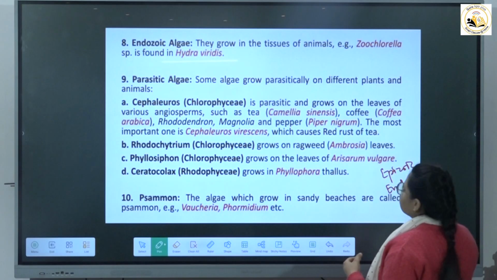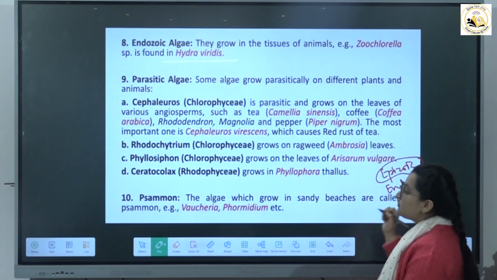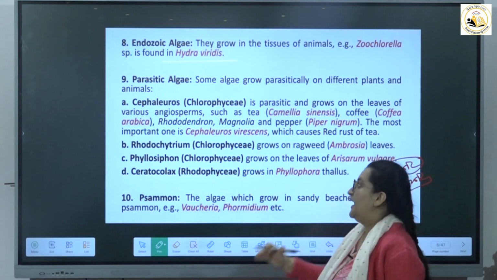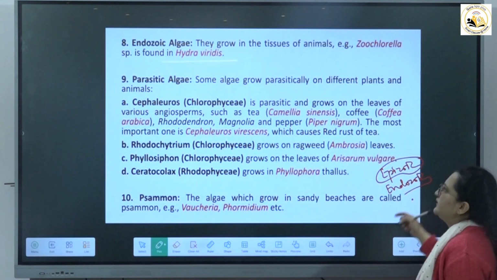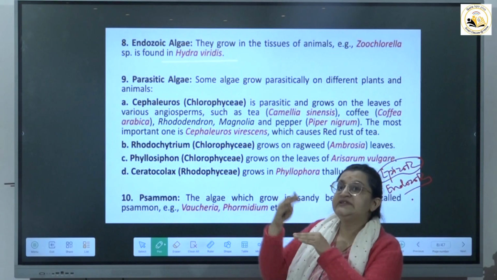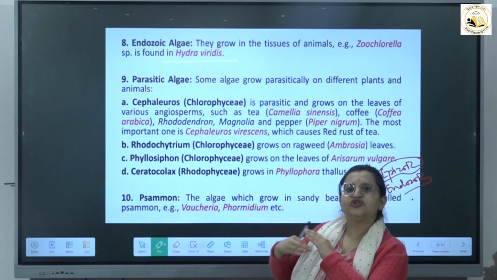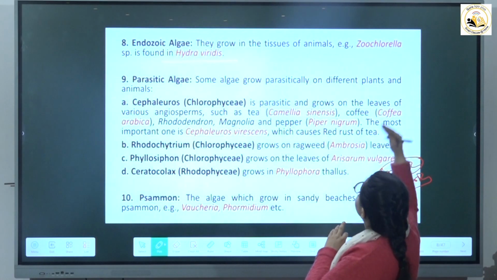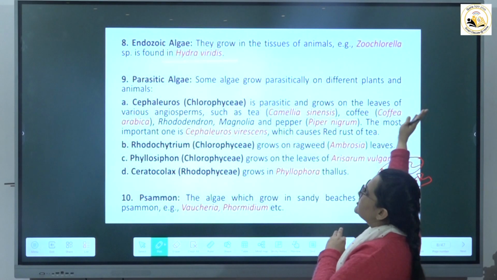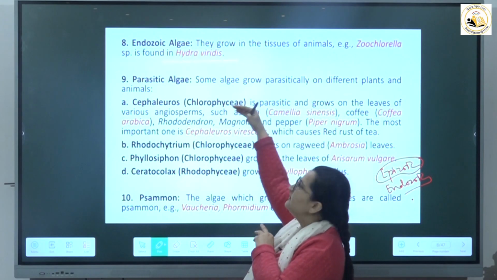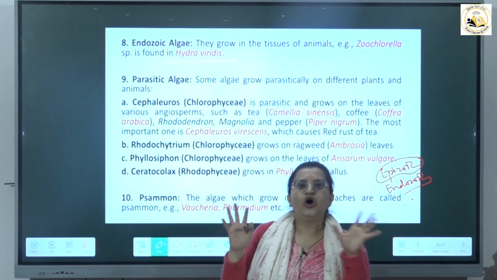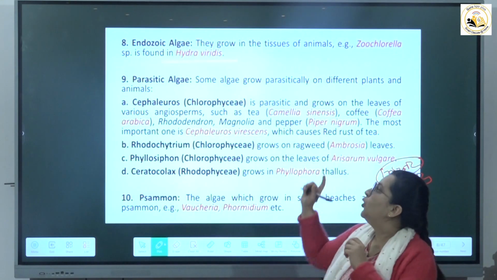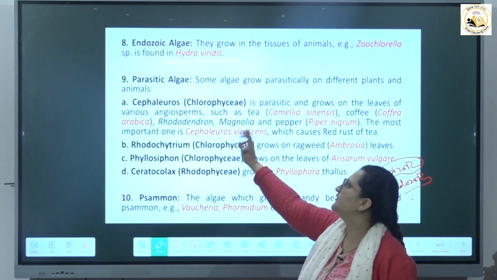Epizoic algae grow on the surface of the animal. But endozoic algae grow on the tissues available inside the animals. The example is Chlorella, which is found in Hydra viridis. You all know about the Hydra. So endozoic algae grow on the tissues of Hydra.